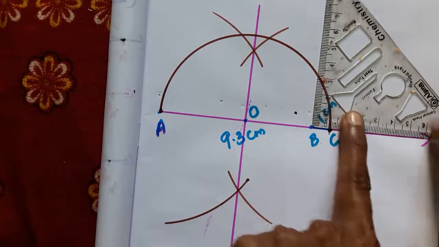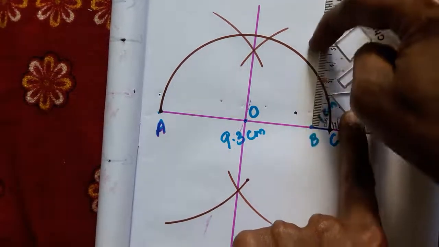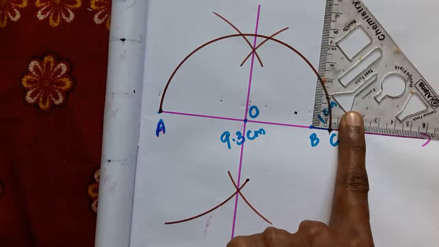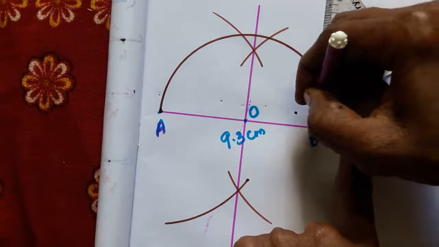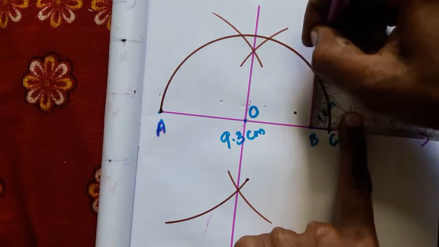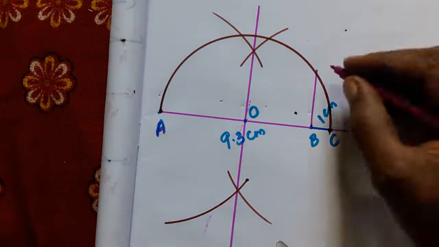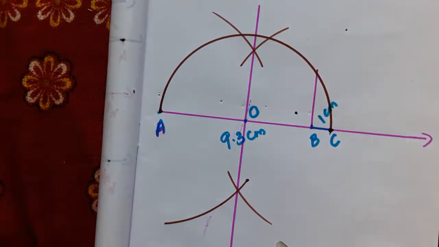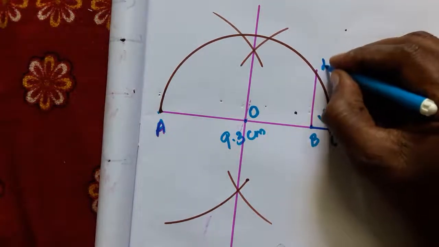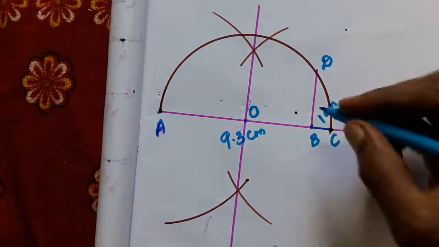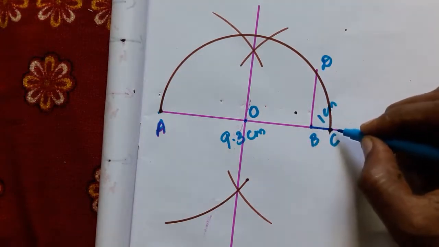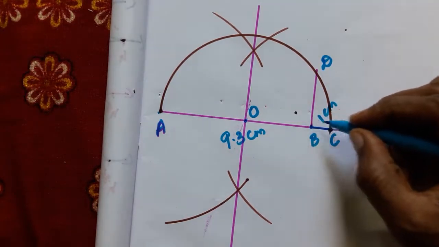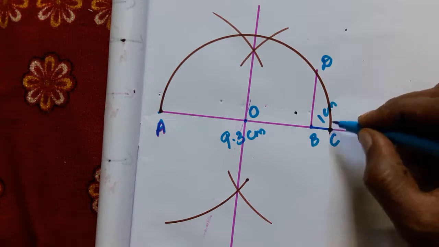Now it coincides. From B draw a straight line. This point you have to mark as D. Now BD is perpendicular to BC.